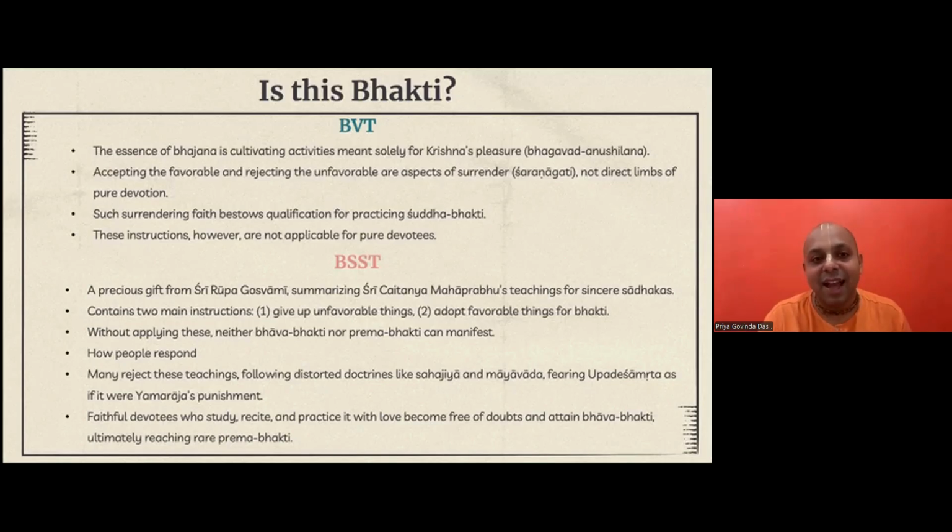And then they will understand they have to follow something favorable and reject something unfavorable. And Bhaktisiddhanta Thakur says, if they don't follow these instructions given in Upadeshamrita, forget about prema, they cannot get bhava also. So therefore, a sincere sadhaka will like to follow these instructions.